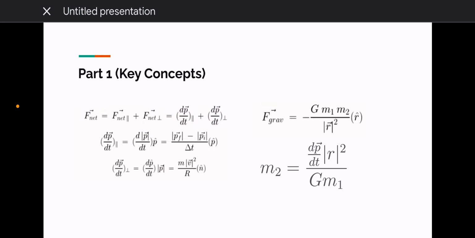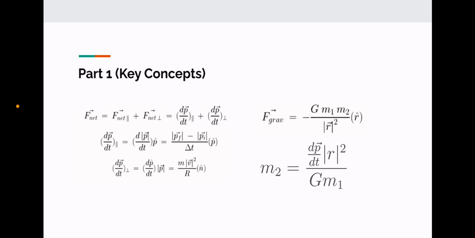Gravitational force is negative G m1 m2 over the magnitude of the radius between them squared times the unit vector pointing in that direction. Isolating it to find the mass of one of those objects, we have m2 equals dp/dt, which is F net, times the magnitude of r squared over G m1.